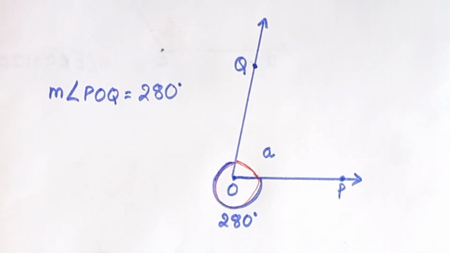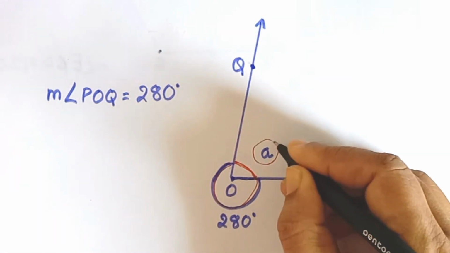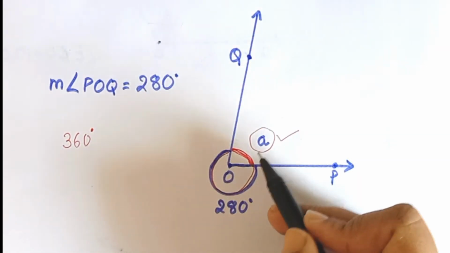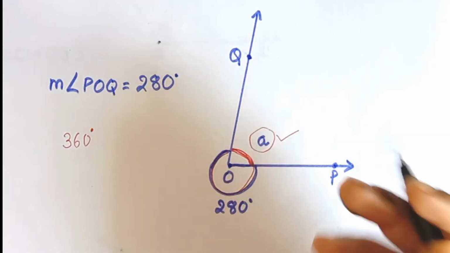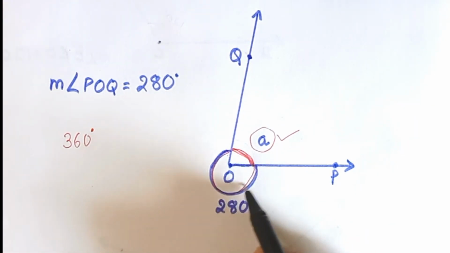So this is the key. When you are making a reflex angle, you need to find this angle A. How can we do that? We know that the entire circle is 360.